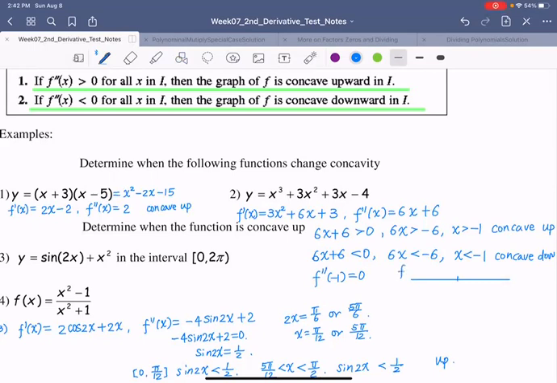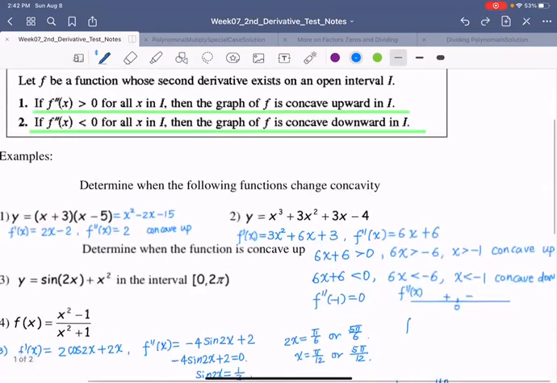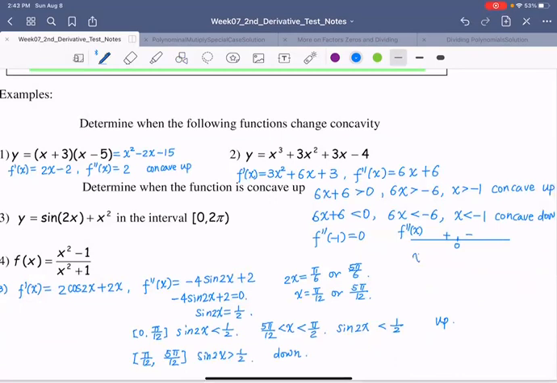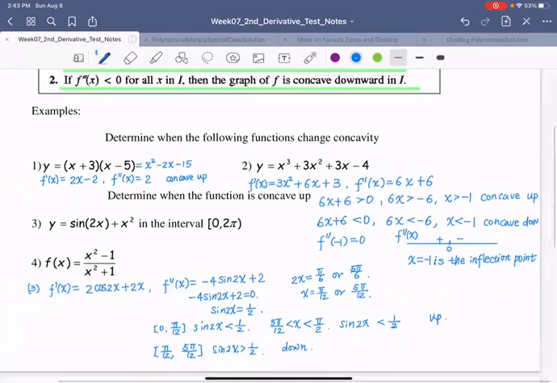We can know that f double prime of x on the left is positive, on the right is negative, and at this point it's 0. So x equals negative 1 is the inflection point. Exactly. Yeah. They didn't ask this question, but in case they ask, we can do it. Okay. This is the inflection point.